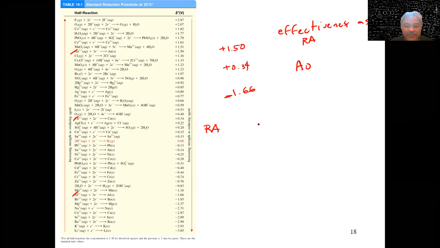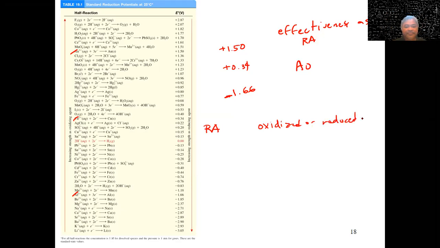Are they going to be oxidized or reduced? Remember the LEO and the GER? So if they are going to be the reducing agent, that means they're going to be oxidized.